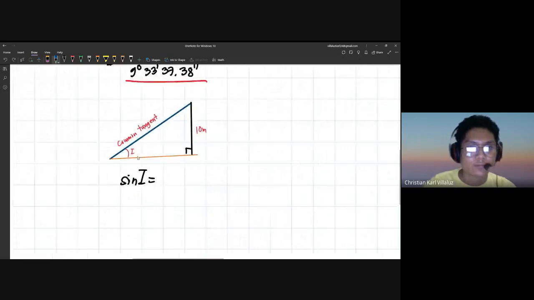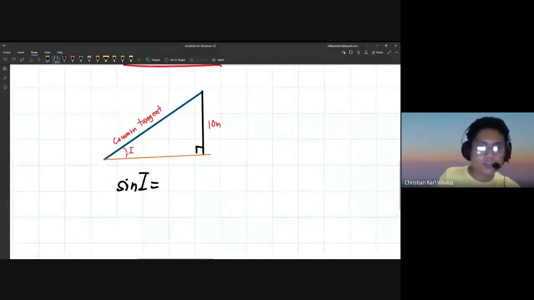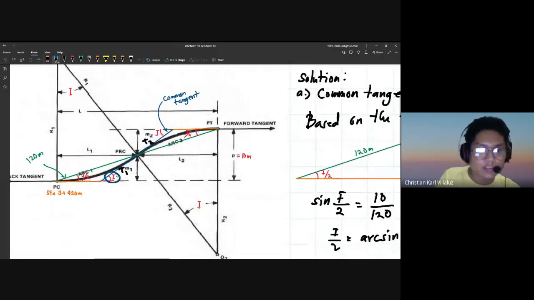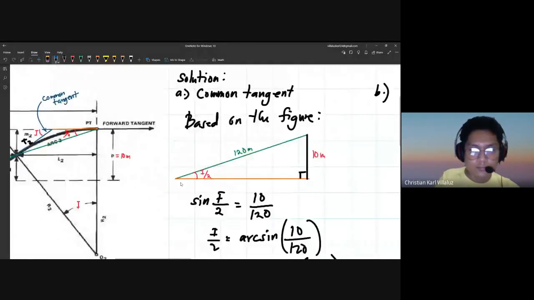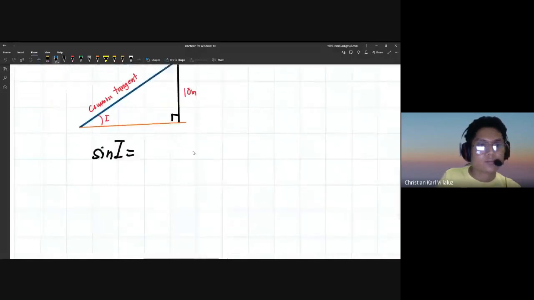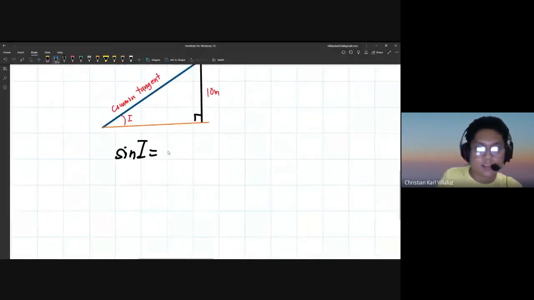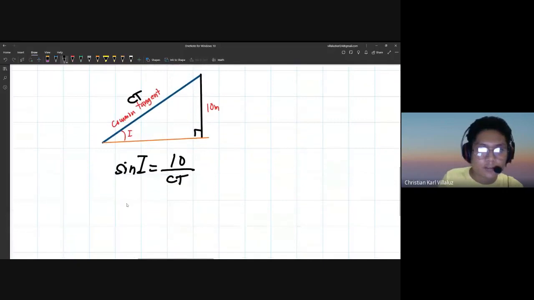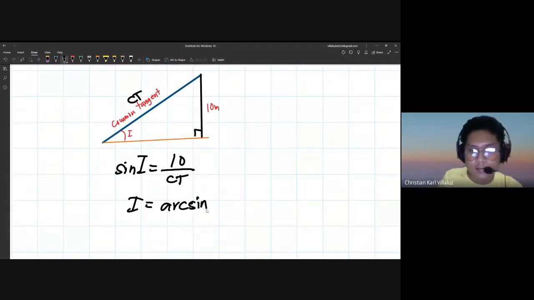Ito na yun. Itong angle naman nito, yun din yung equivalent na angle of intersection ng unang curve. So, sine I equals 10 over the common tangent, CT. So, I equals arc sine of 10 over CT. Ay, CT pala.